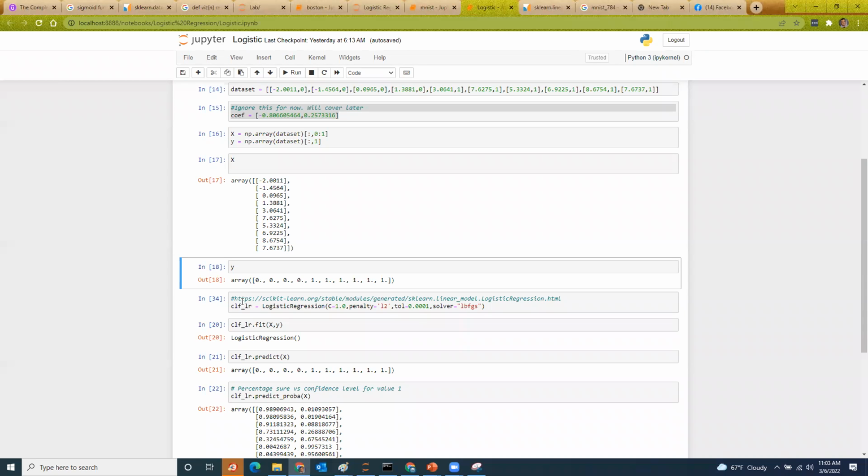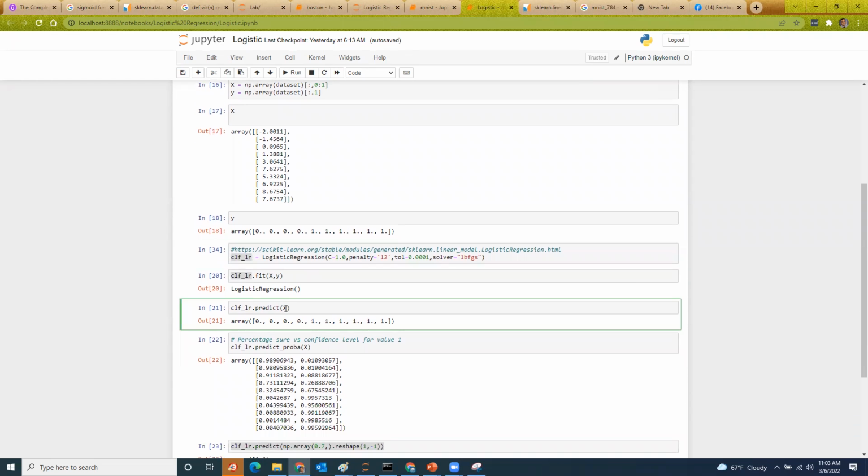So the next thing is you are creating the logistic regression, and you don't need to worry about this parameter right now, but we will be learning a little bit more. Just use this logistic regression, and you are fitting the values X and Y into the model, the logistic regression model we created. And then you start predicting the X value, right?